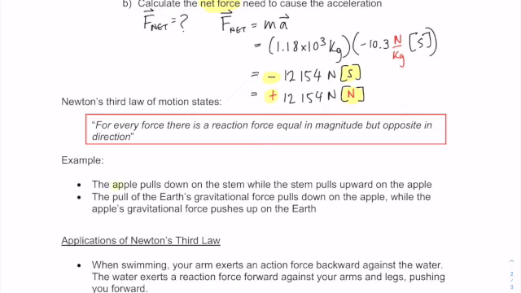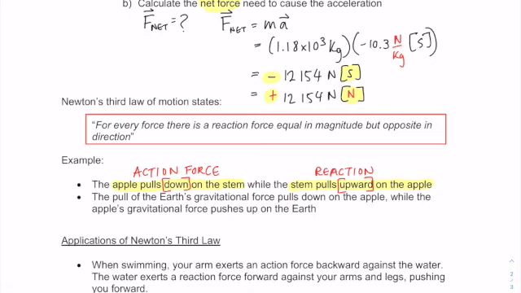So we have the apple pulling down on the stem. This is called our action force. And for every action force, there's an equal and opposite reaction force. And that one is that the stem pulls up on the apple. This is our reaction force. And notice, this one is up, so the reaction force is in the opposite direction always.